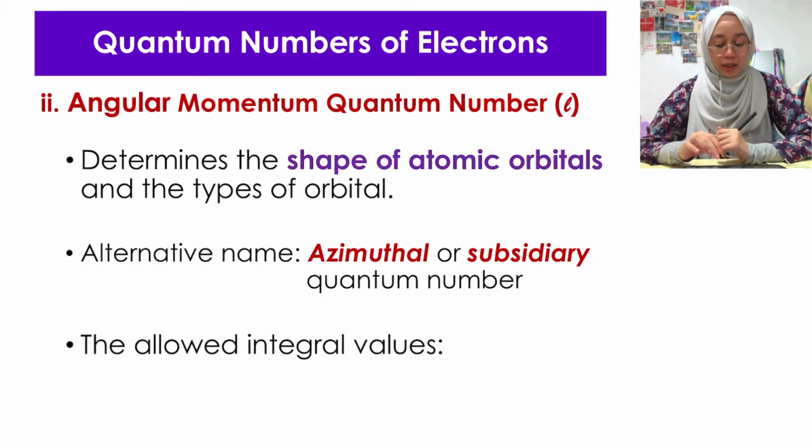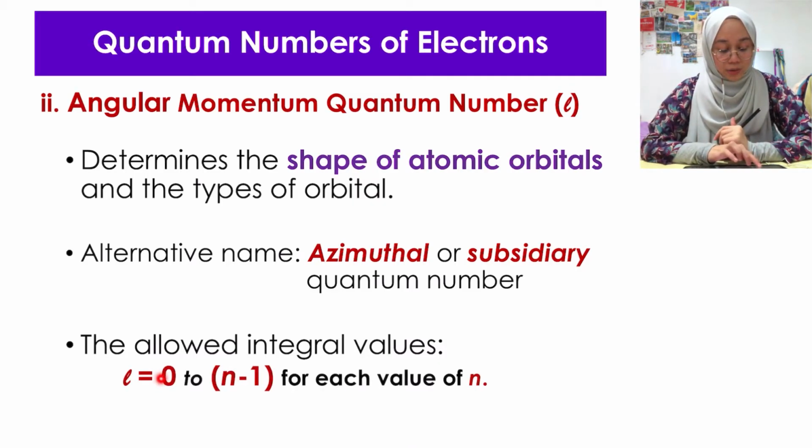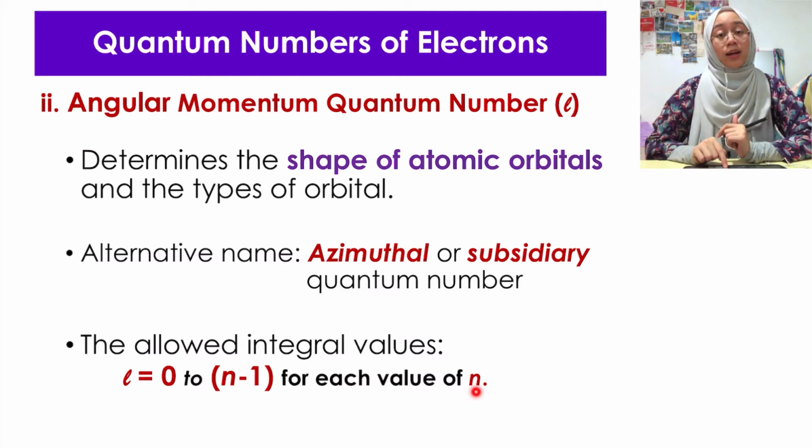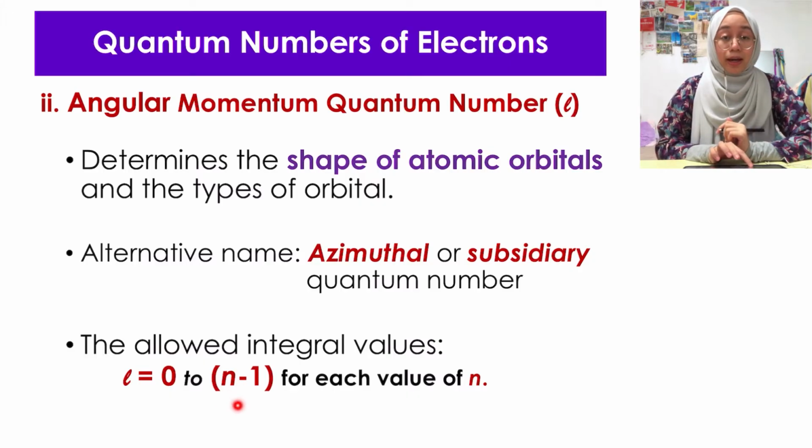So the allowed integral values dia pula adalah, L ni dia depends dengan n. So L is basically equals to 0, 1, and n minus 1 for each value of n. Apa maksud ni sebenarnya? It is basically range lah, range daripada 0 until n minus 1. N ni depends dengan apa value n dia. Okay, so kita tengok contoh.